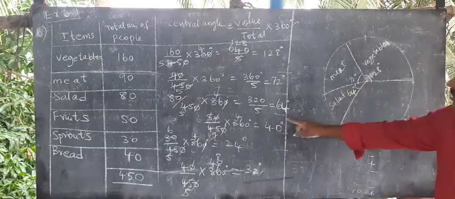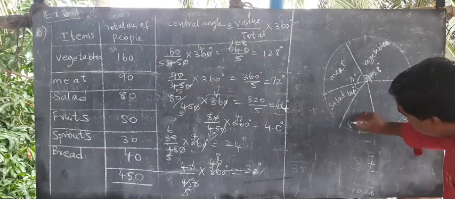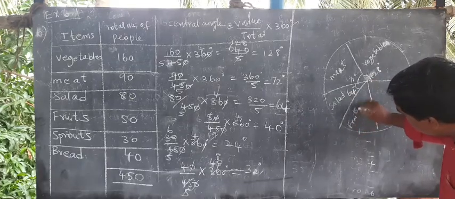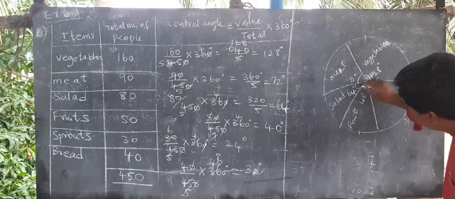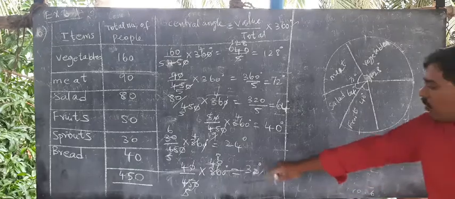Then fruits 40 degree. Fruits 24 degree.